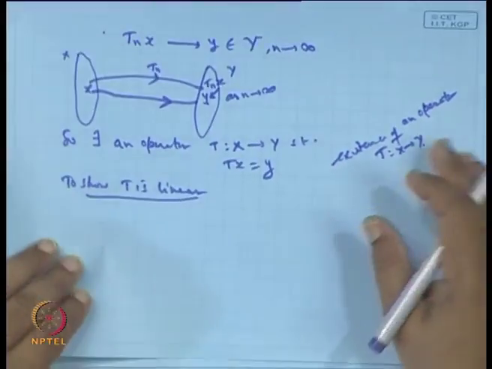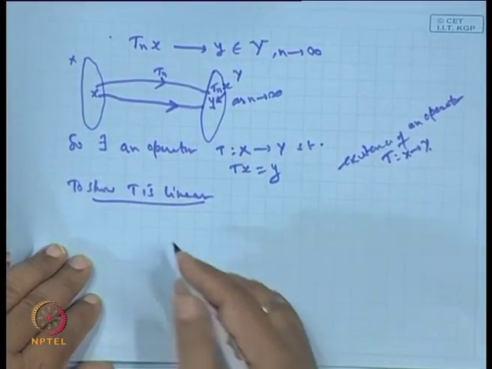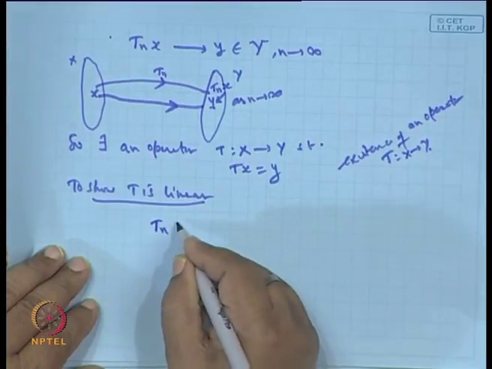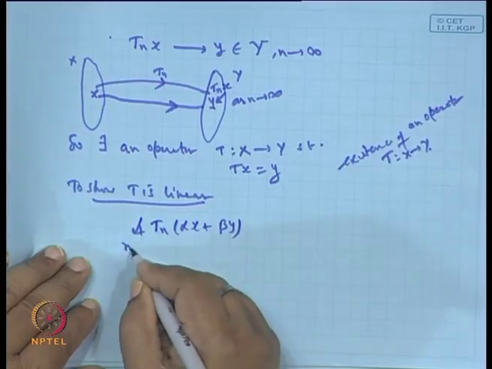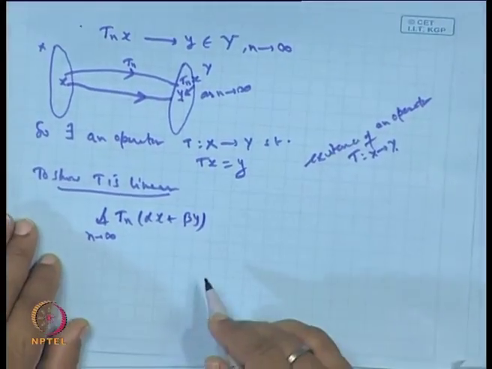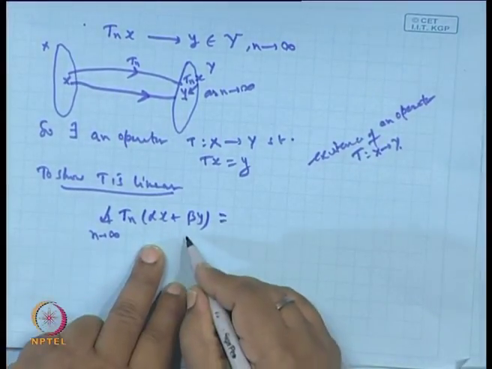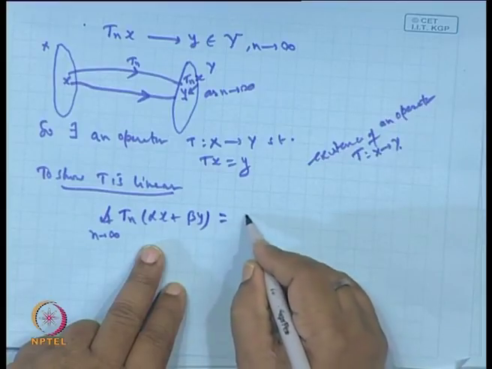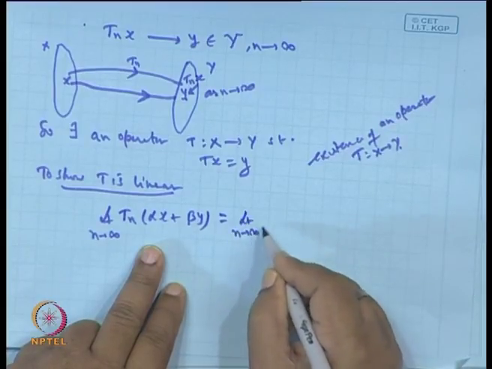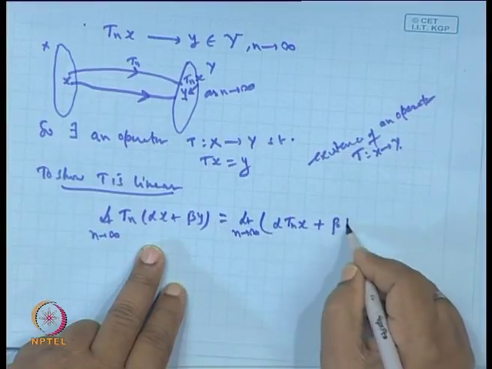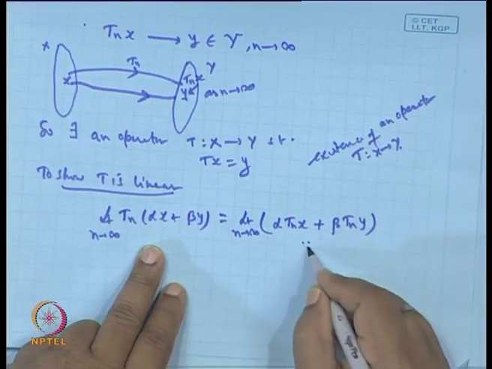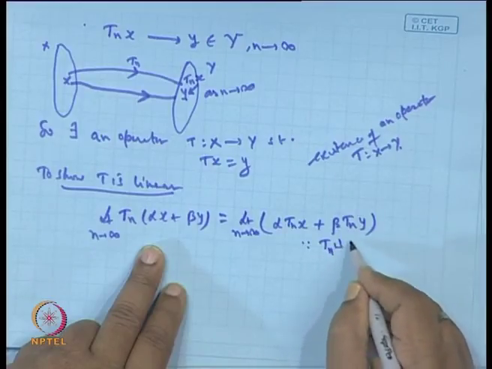Now, if I further prove that T is linear as well as bounded, then it must be a point in B(X, Y). Now, T is linear can be proved like this: limit of T n (alpha x plus beta y) as n tends to infinity. Since T n is linear, because of the property of linearity, this becomes alpha T n x plus beta T n y.